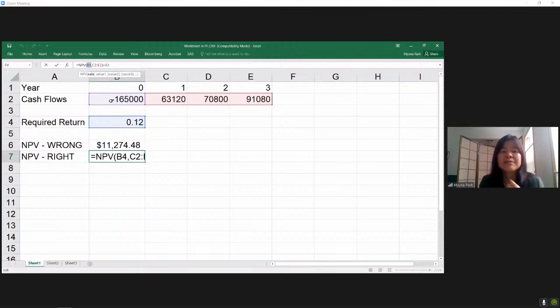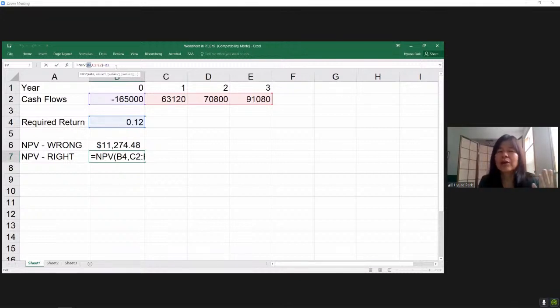But the initial investment in cell B2 is already negative. So that's why you add it. But if this number is positive and is a cash outflow, you subtract it. So you need to be careful what's given. Should it be positive or negative? You need to understand what's going on.